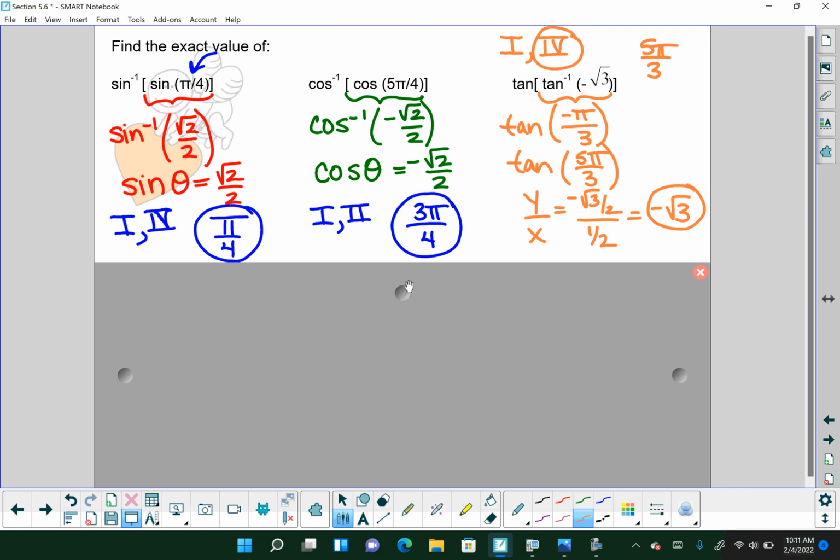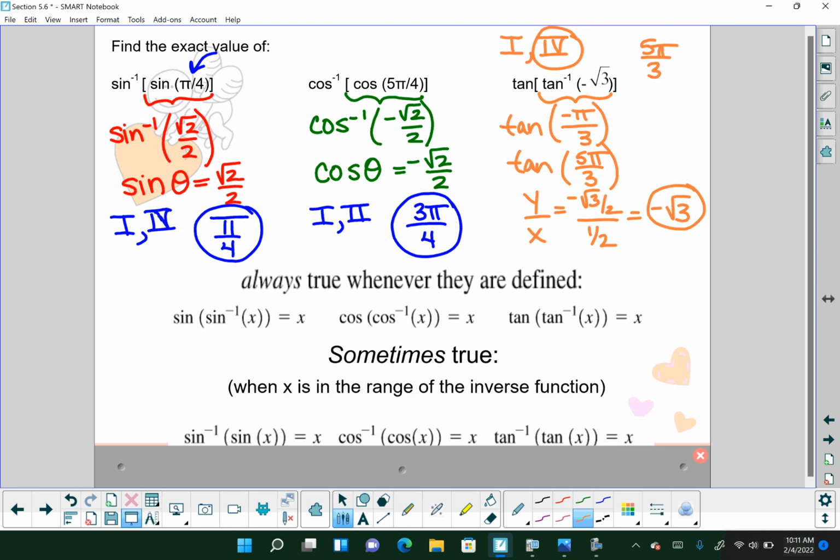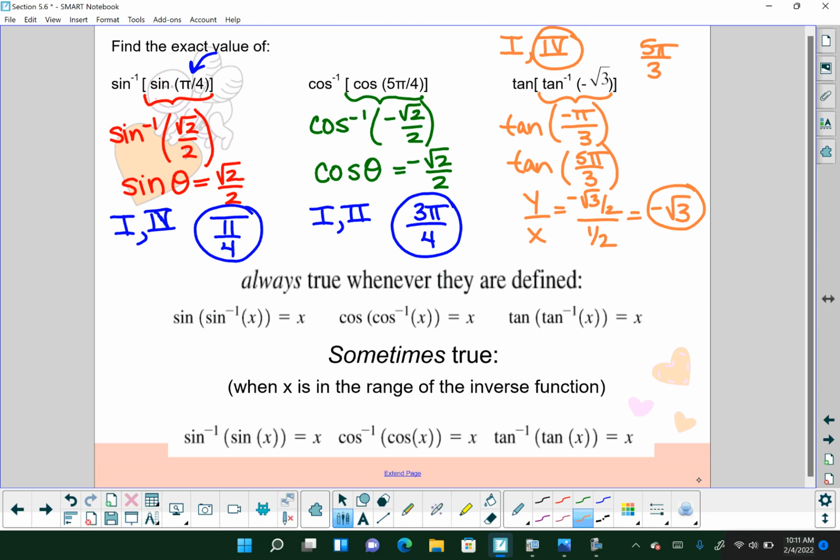So there is a rule that can help you here. Sometimes when we have a trig function and its inverse, they will cancel each other out, and sometimes they won't. They will always cancel each other out when the inverse function is on the inside. So like that last problem we did for tangent.